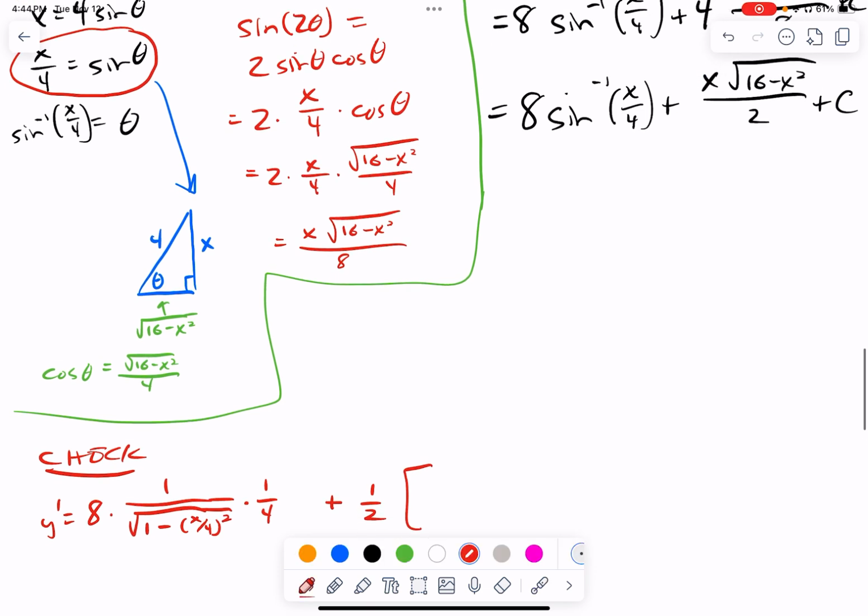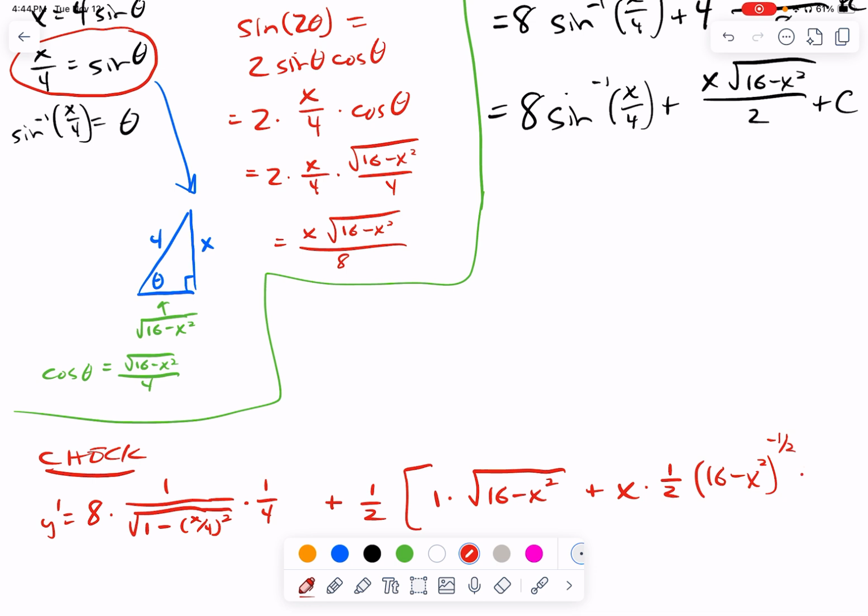So that would be derivative of the first, which is 1, times the second, which is just radical 16 minus x squared, plus the first times the derivative of the second. So that would be 1/2 times 16 minus x squared to the negative 1/2 times 2x, negative 2x from the inside. So let's just clean all of this up and see if somehow when we simplify, we get what we're hoping to get.